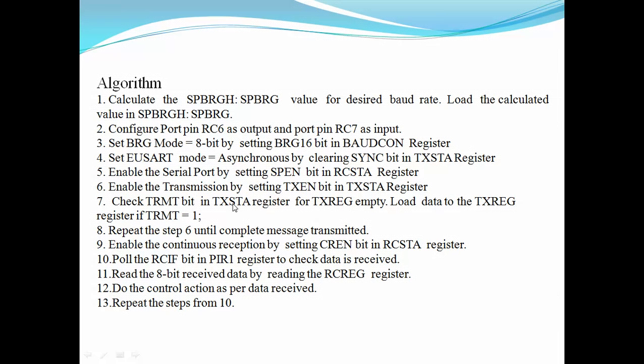Then enable the transmission by setting the TXEN bit in the TXSTA register. This will enable the transmission, otherwise transmission will be disabled. So these two bits, the serial port enable bit and the transmission enable bit, must be set to 1 to enable serial communication.